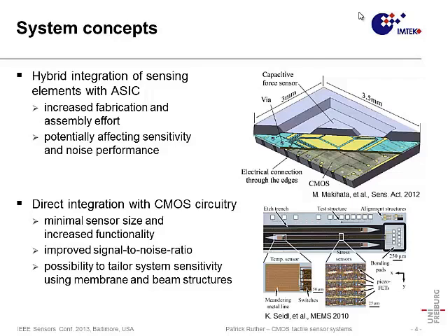But, and this is maybe a potential drawback, depending on the actual application, you might affect sensitivity and also noise performance. On the other hand, looking at the direct integration of CMOS circuitry and the sensing elements, we might end up with highly miniaturized devices, as for example here in this situation.